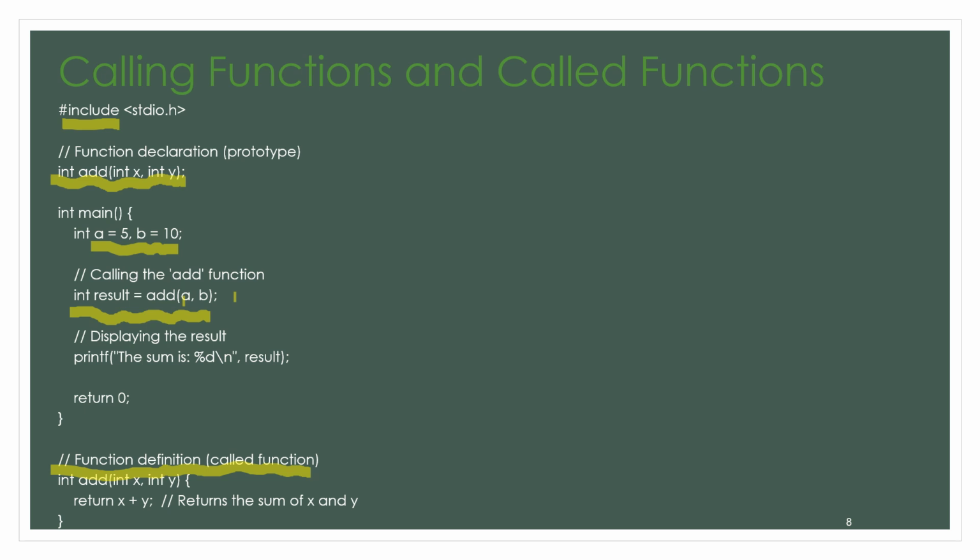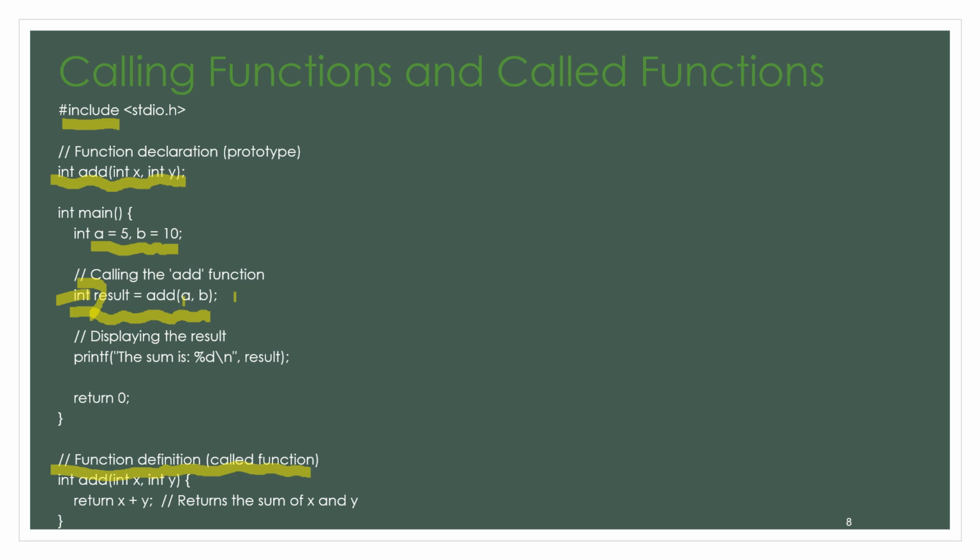Now the value of a is assigned to x and b is assigned to y. So here x value is 5, y value is 10. Return x plus y. So it adds the values 5 plus 10.